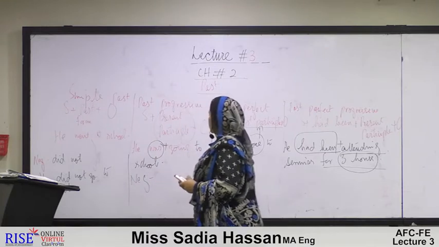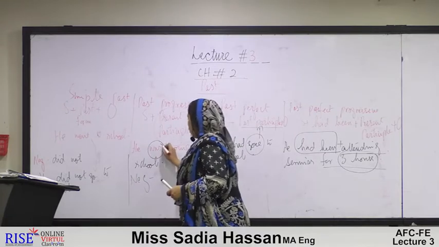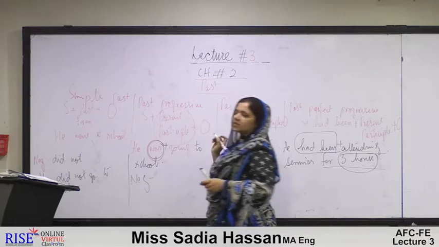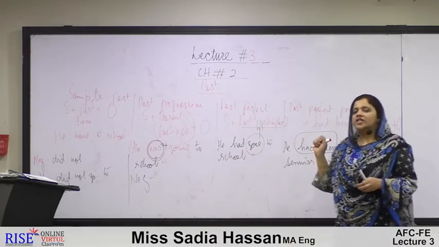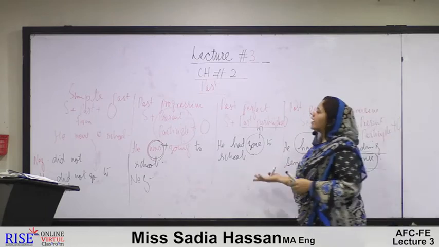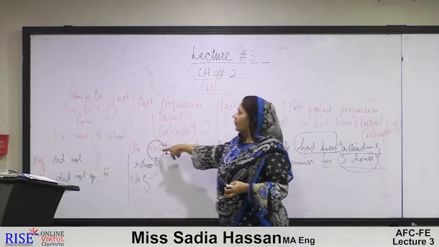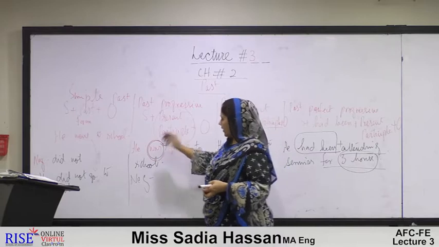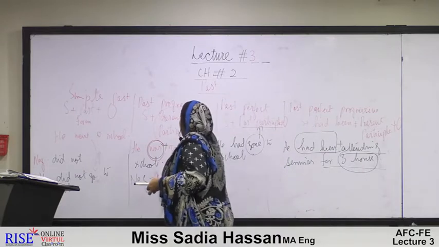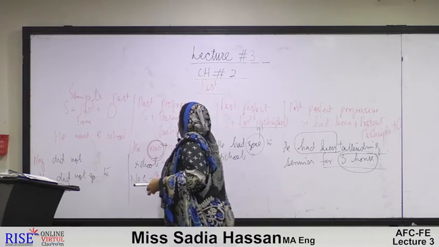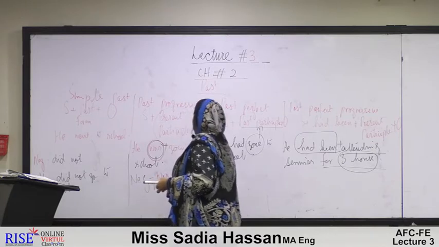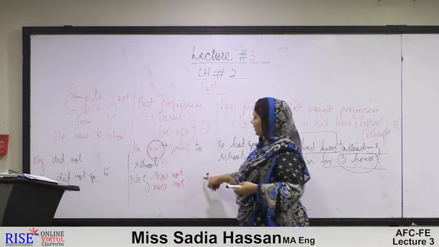Again, the negative construction of past progressive. For all the negative constructions of the tenses, we should always keep in mind that we always use "not" immediately after the helping verbs in the sentences. What are we going to do? We are going to add "not" with "was" or "were", if any of the helping verb is there in the sentence.